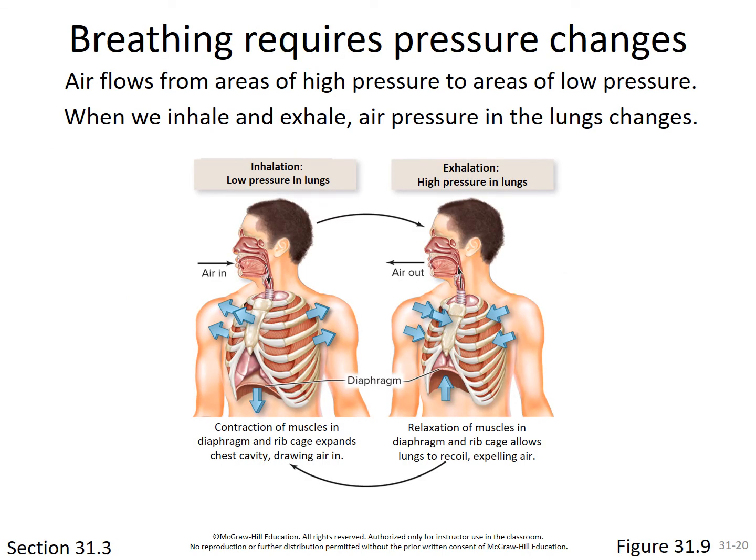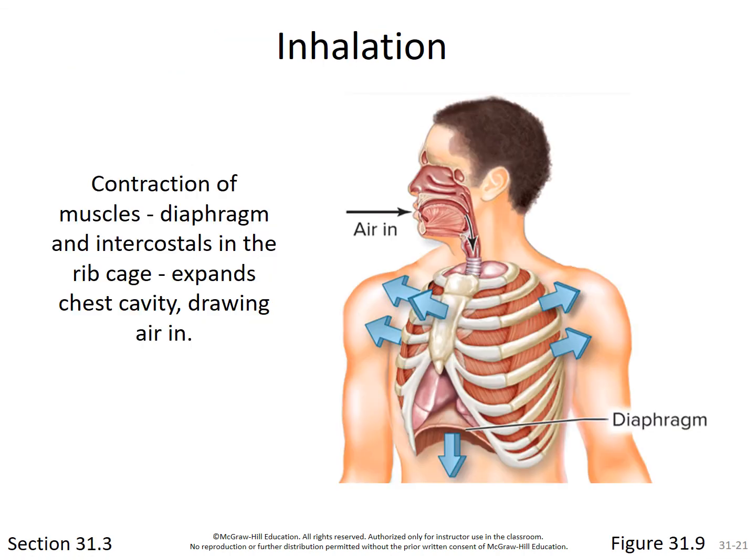Okay, so one other thing that breathing requires is pressure changes, because air does flow from areas of high pressure to areas of low pressure. Always. That's basically how air moves, from high to low pressure. So as we inhale and exhale, air pressure in the lungs will actually change.